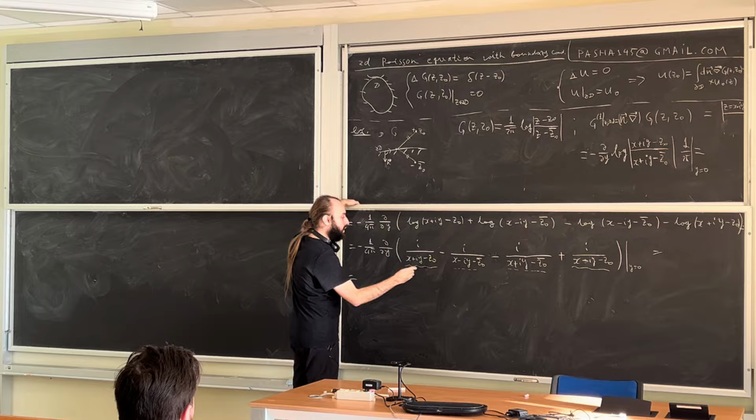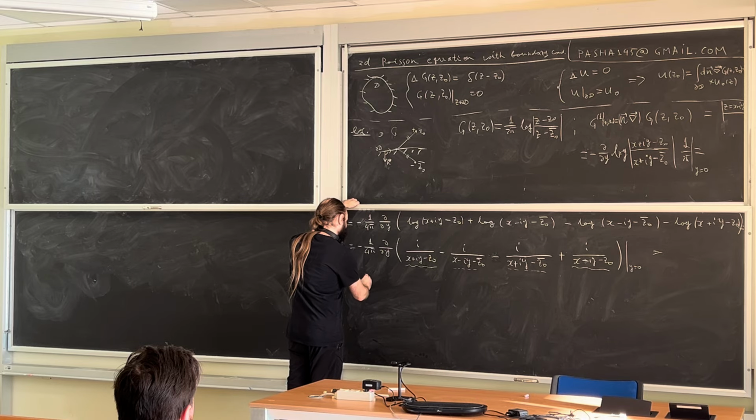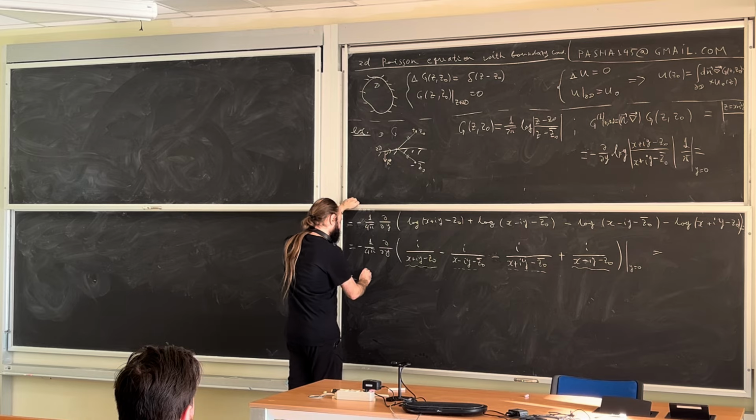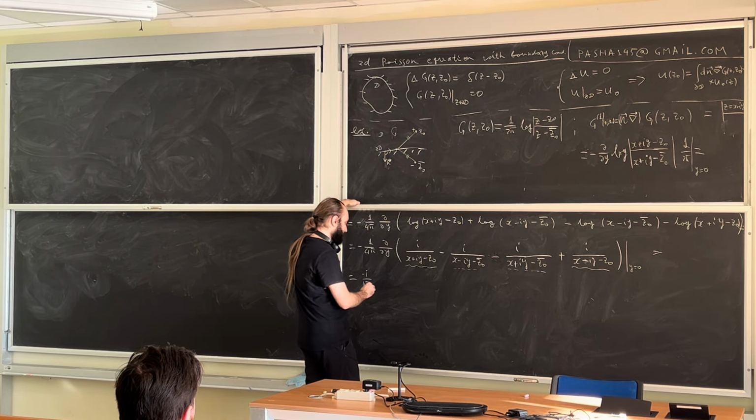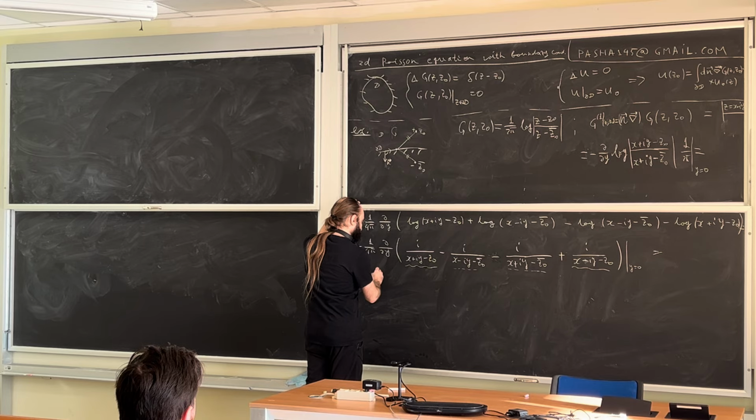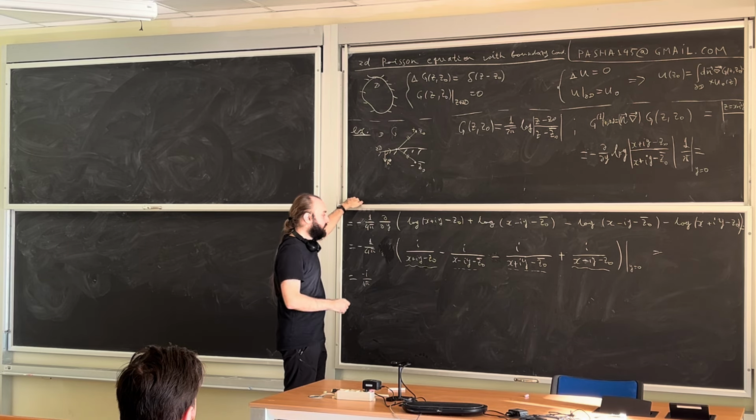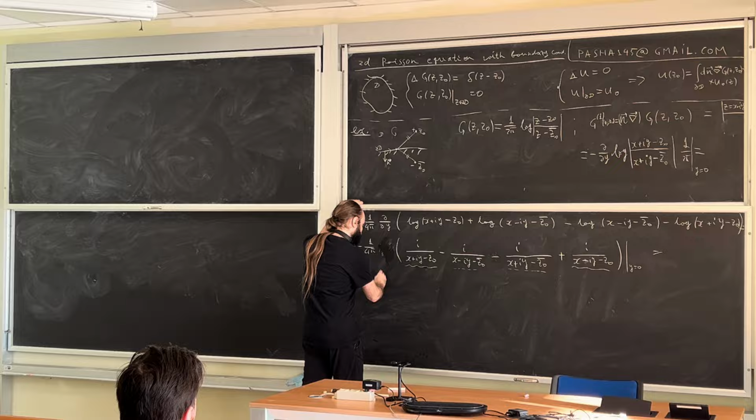So we get minus i over 4 pi, and d/dy is not needed.